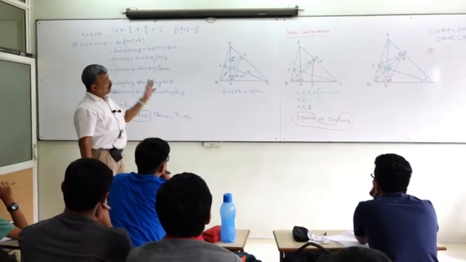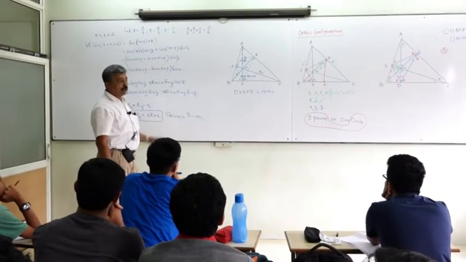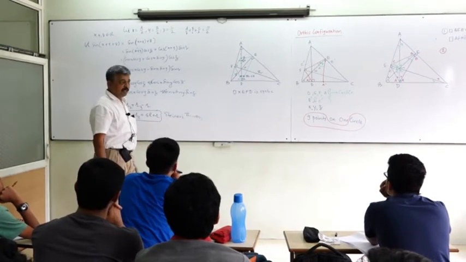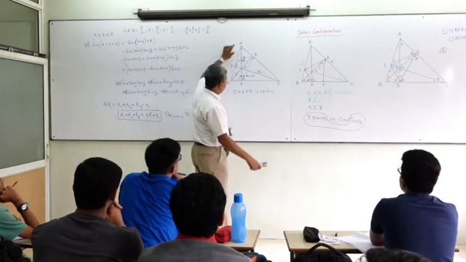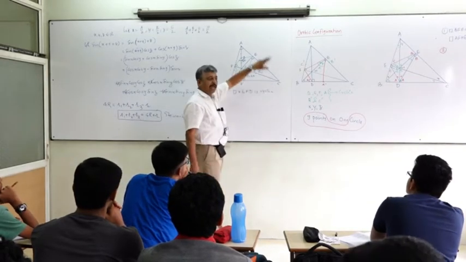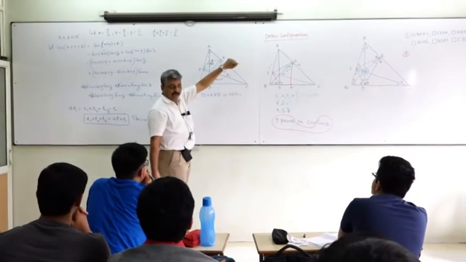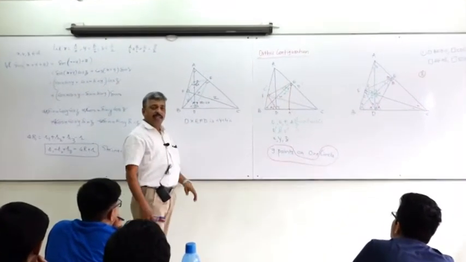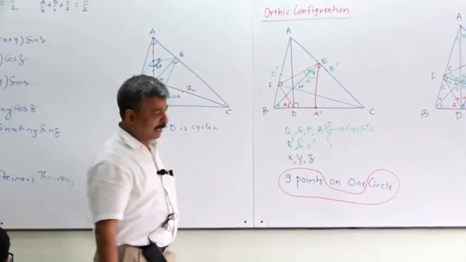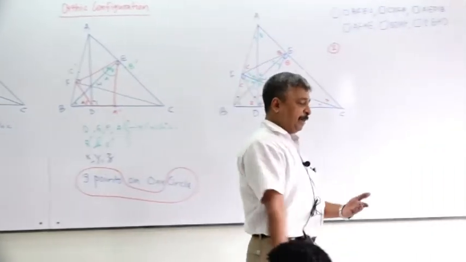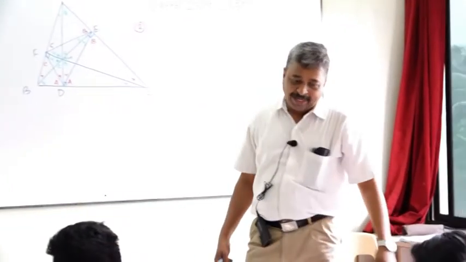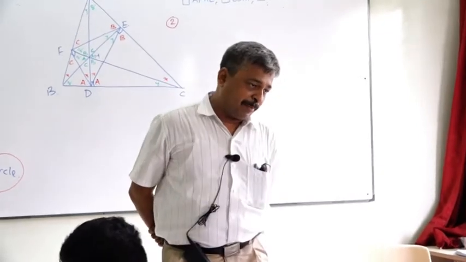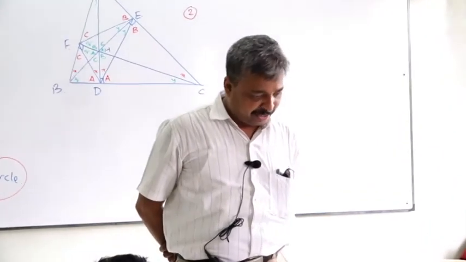So, but then we have said that orthic and in-center, excenter, they are the same. Only the names are different. So, in orthic, ABC is I1, I2, I3 in in-center, excenter. In orthic, DEF is ABC in in-center, excenter. Therefore, if you take out that page, you will find that circumcircle of triangle ABC happens to be the 9-point circle of triangle I1, I2, I3.